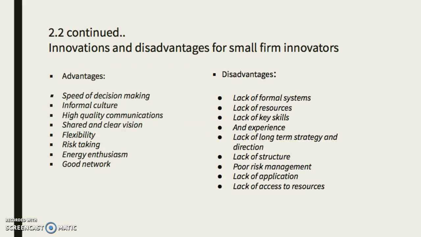As we all know, the Bank of America is a large firm and has the resources to adapt to change and create different types of innovation. However, small firms don't necessarily have this luxury.